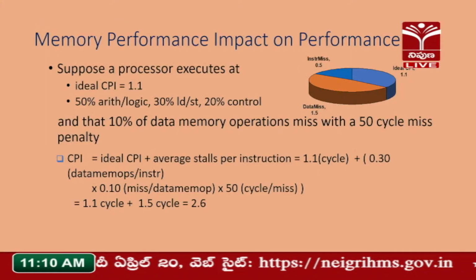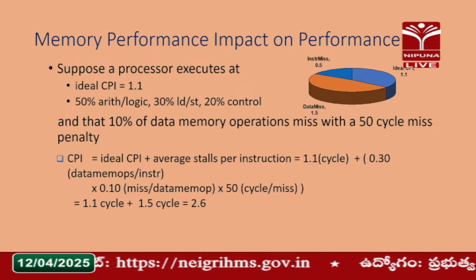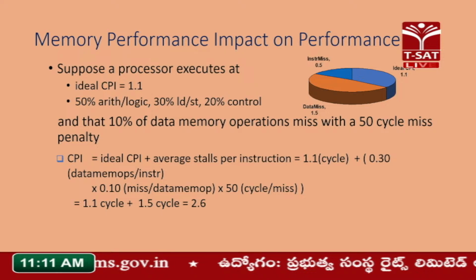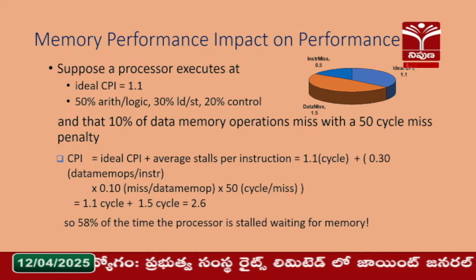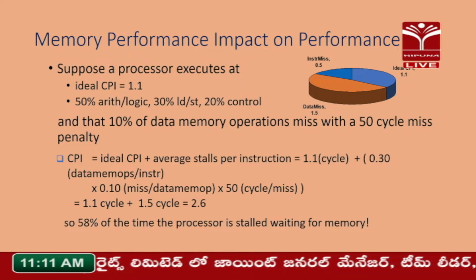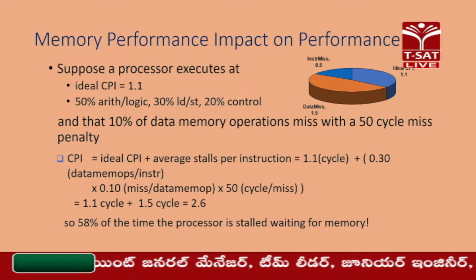And how do you achieve that? The memory architecture is very critical in this case, to not increase these miss penalties and to improve access to the memory. Here what we are saying is that 50% of the time this processor is waiting for the memory, which is very bad for the CPI.